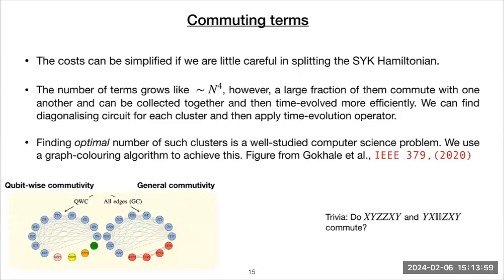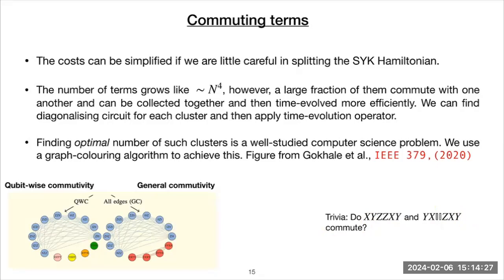For example, if you have a Pauli string, a term in the Hamiltonian, like x, y, z, z, x, y, right? This is a 6-qubit string, and another one like y, x, I, z, x, y, or whatever. If they commute, I put them together. There's an easy way to check whether they commute: you just see in how many places they don't commute.